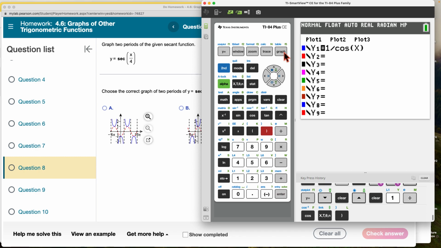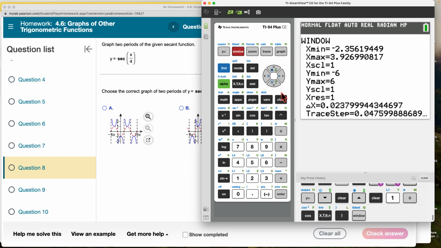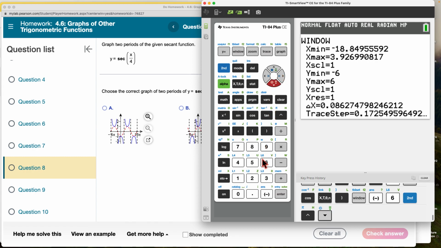We've already got our window set up for most of these, although down here it's going from negative 6 pi to positive 10 pi. Let me go ahead and set up the window. So I'll go negative 6 pi to 10 pi.